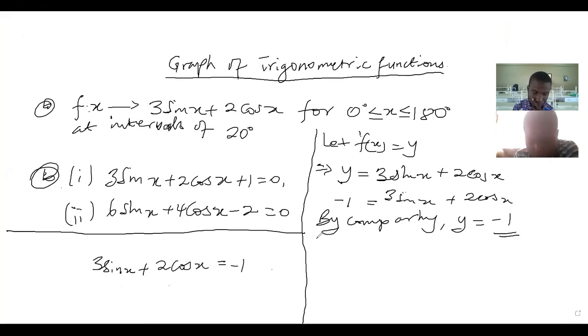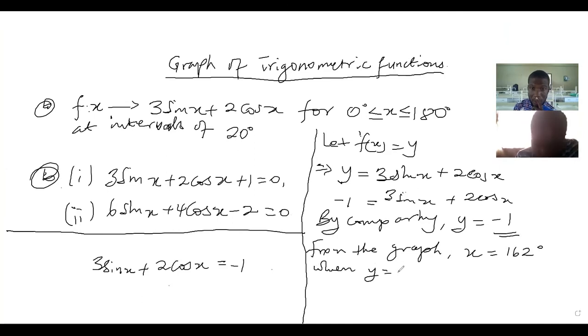So from the graph, x will be equal to 162 degrees when y is equal to -1.